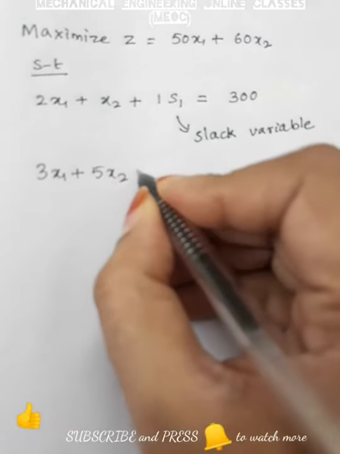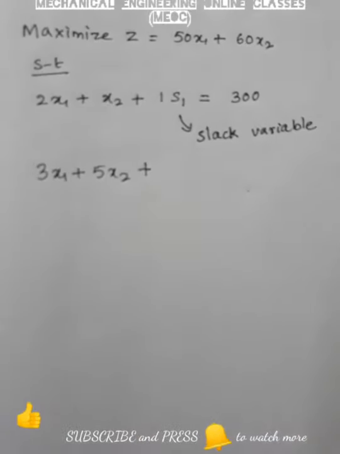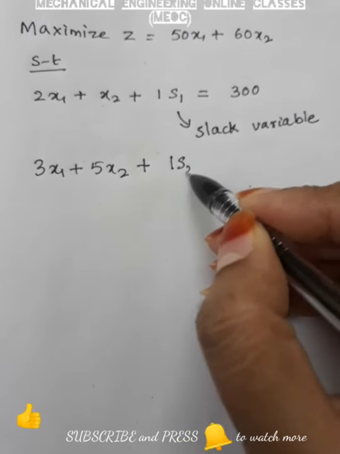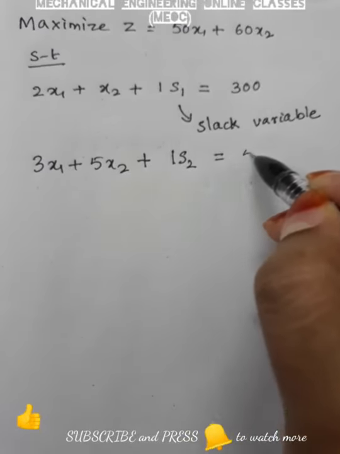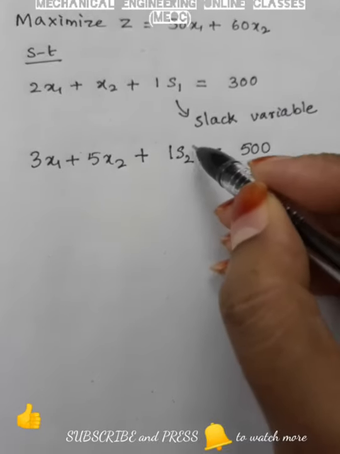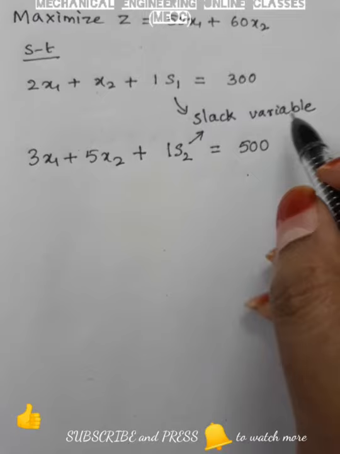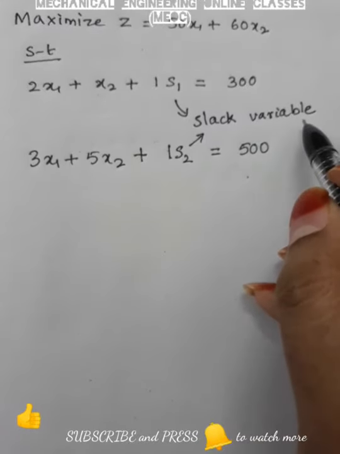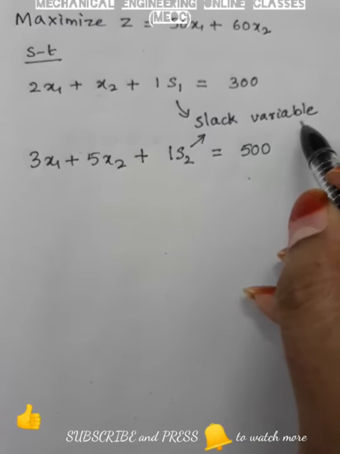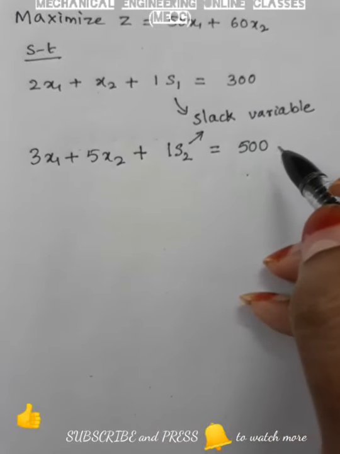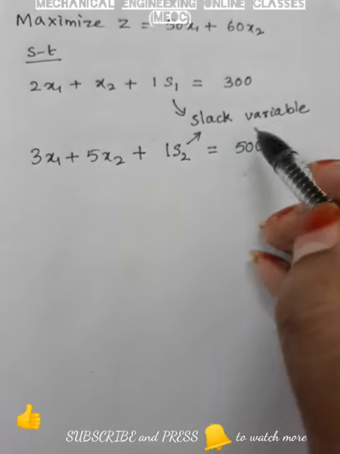That's why I am adding another variable here, s2, so that 3x1 plus 5x2 plus s2 is equal to 500. This is also called a slack variable. That means it is the quantity which has to be added on the left hand side in order to make it equal to the right hand side. So all such variables are called slack variables.